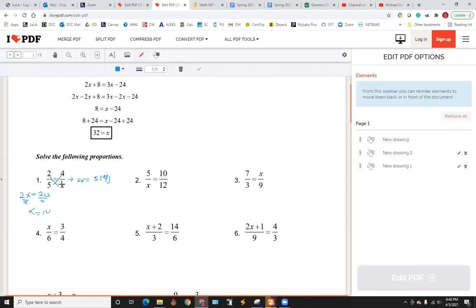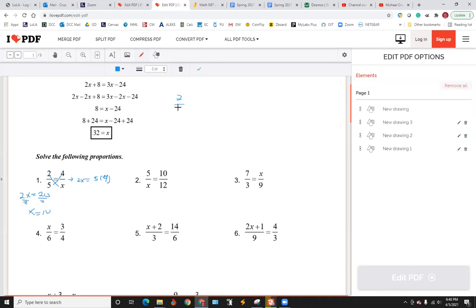Now, just to show you on these, they're going to be a little bit easier to check, but if you put the 10 down there, this is essentially what you're always doing with a proportion problem or any kind of rational expression. That's why when we were checking those other things, you had 3 different terms. And so what you usually did was make one of them have the denominator you needed to add and subtract to the others.